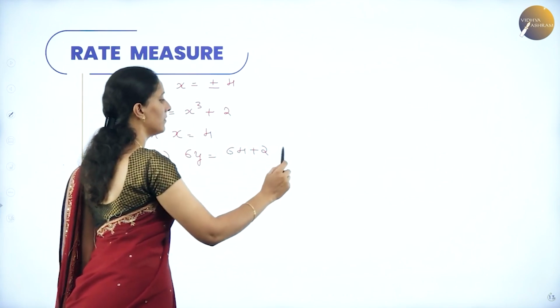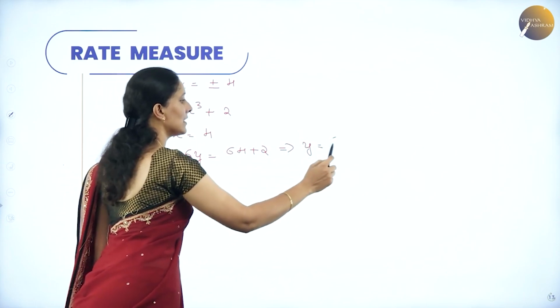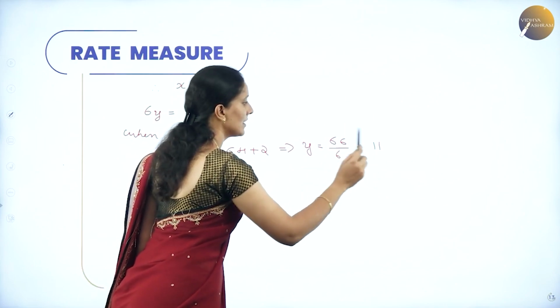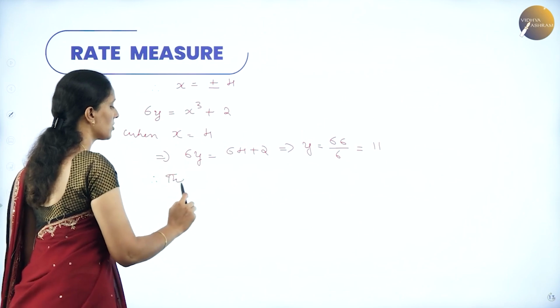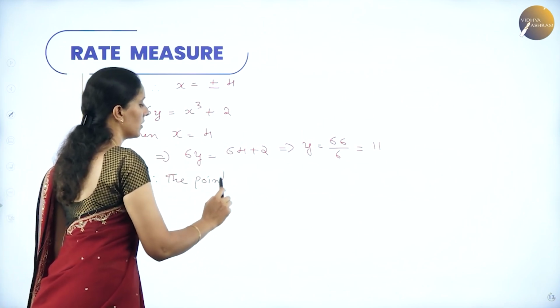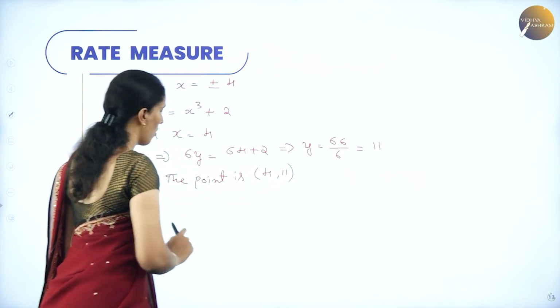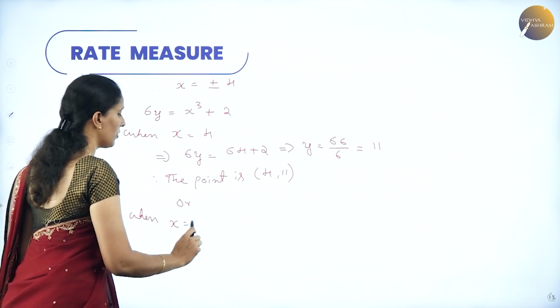So here we have, this implies y is equal to 66 by 6. So when you cancel this, you will get it as 11. So now, therefore, the point is 4, 11.